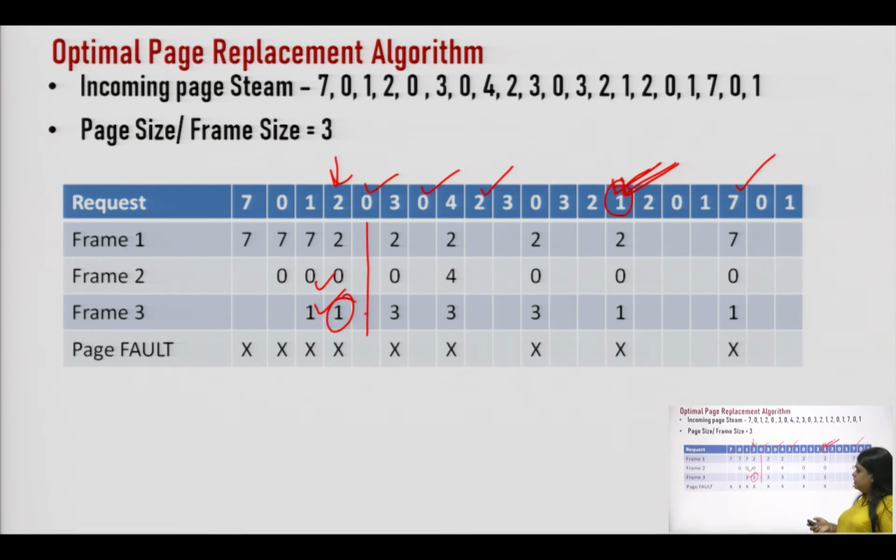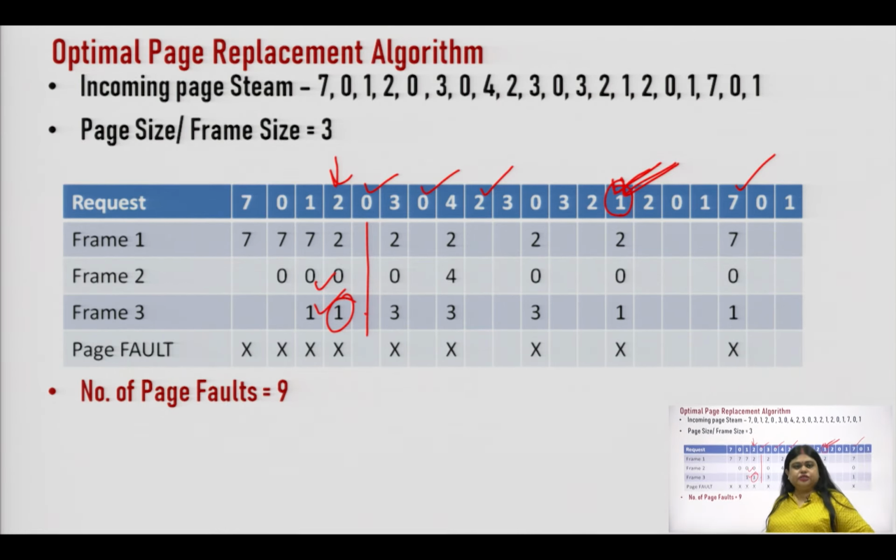So, this is the optimal page replacement algorithm, and the number of page faults is 9, which is lower than the first one, FIFO, and the LRU page replacement algorithms. So, these were the 3 page replacement algorithms. In this scenario, our best replacement algorithm is the optimal page replacement algorithm.